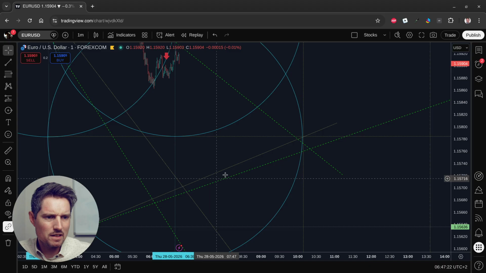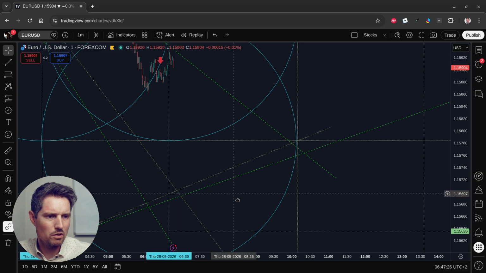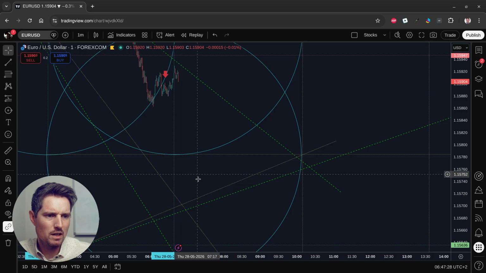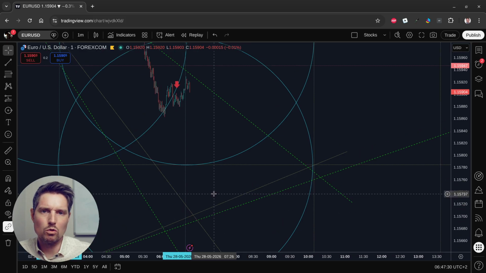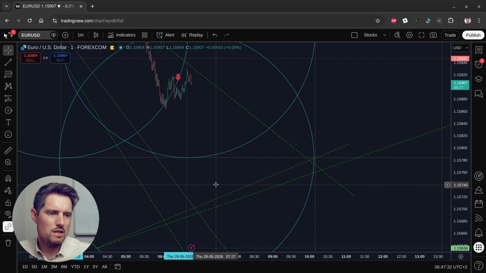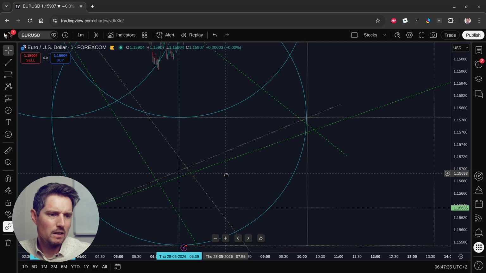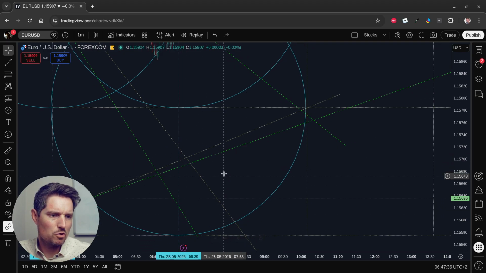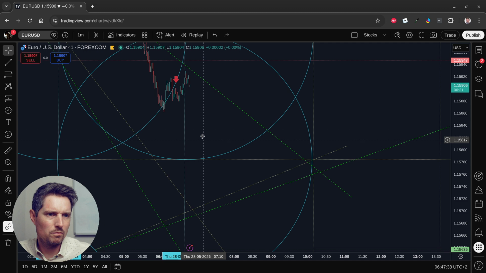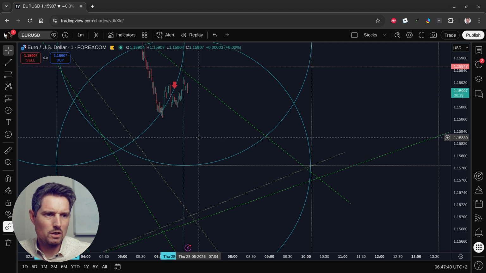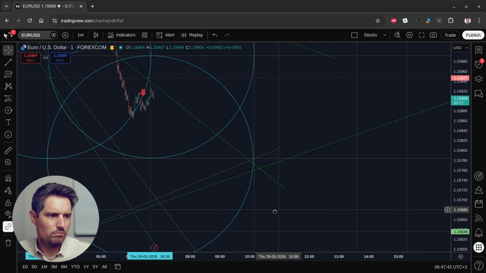And I think that this green line or this yellow line right here, or a combination of both, will probably hold price at that level. Let's see. It could also move to the bottom of our circle. We'll just have to see what happens then.